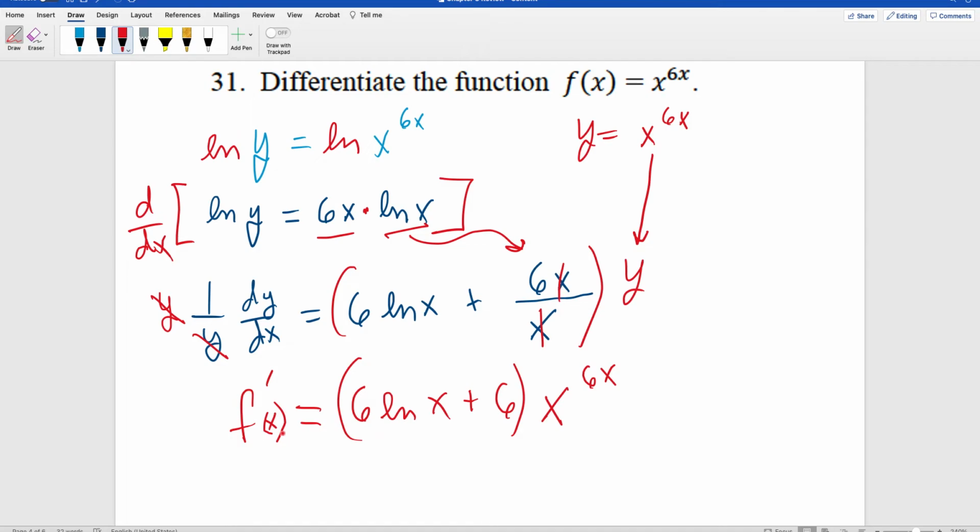So instead of function notation, write y equals a thing, take the natural log of both sides, and then use logarithm rules to expand it out so it's something easier, where we're just using either product rule or sum rules. Take the derivatives, simplify a little bit, and then back substitute for that y, right?